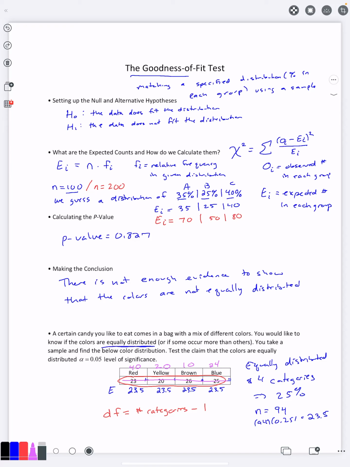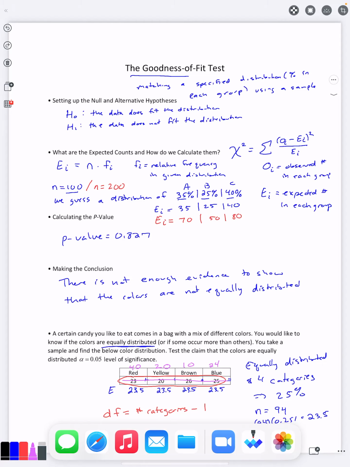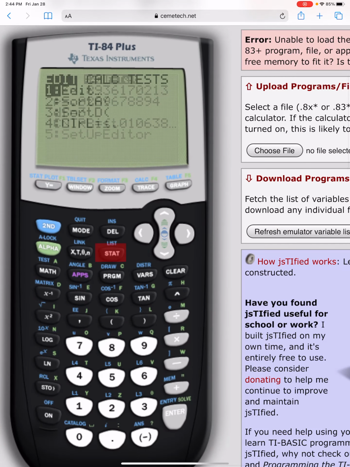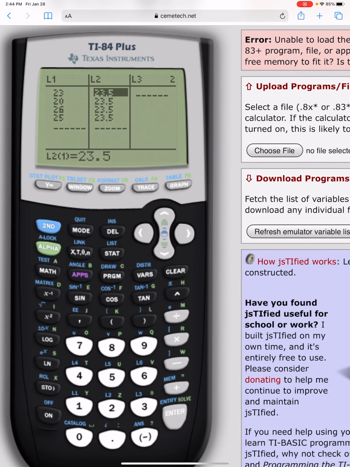So let's go back and change our observed counts to those 4 numbers, and let's see what the p-value is in this case. So 40, 20, 10, 24. I have to edit my first list to 40, 20, 10, and then 24.